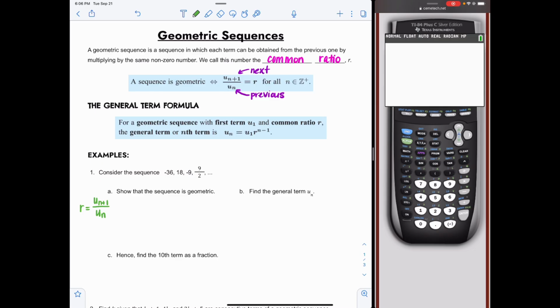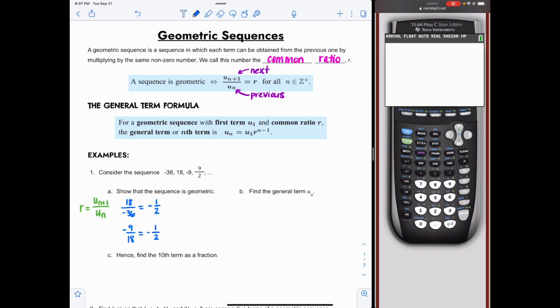If we do that, all we have to do is take two numbers at a time. So we can say 18 divided by negative 36. 18 divided by negative 36 is negative 1/2. Then we can do negative 9 divided by 18, which is also negative 1/2.